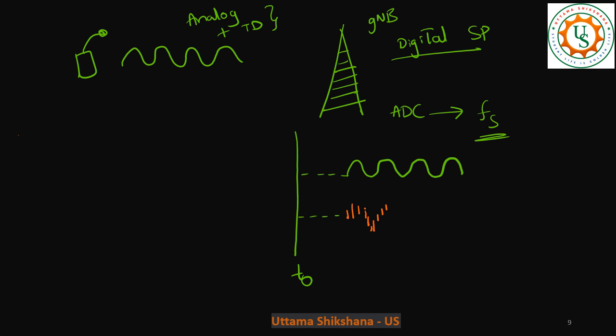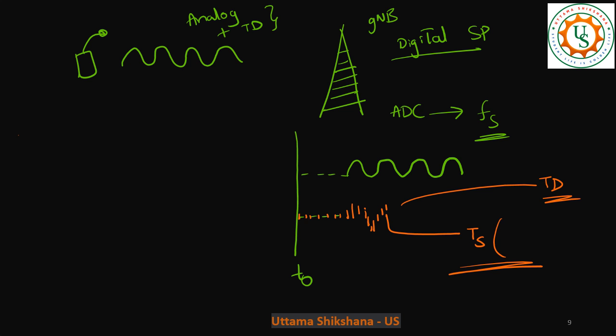Here also we get the samples. Between these two samples, the sampling interval is given by Ts, from one sample to another sample. Now we are going to identify the timing delay, TD, in terms of number of samples: how many samples it has shifted.